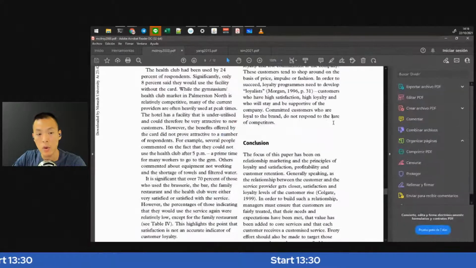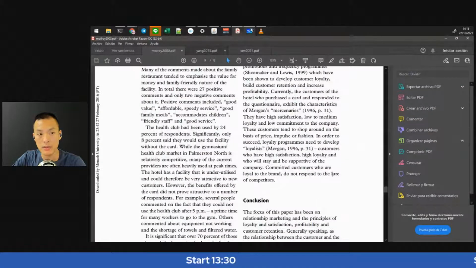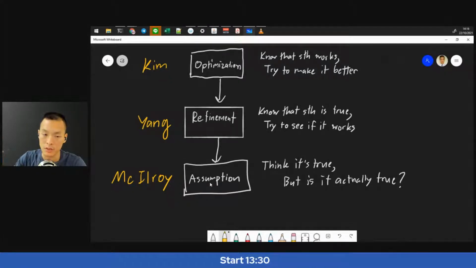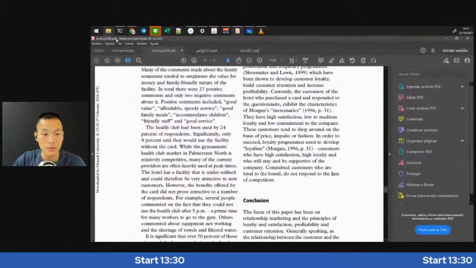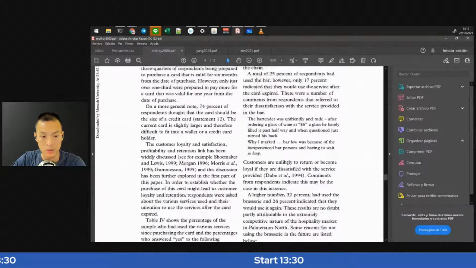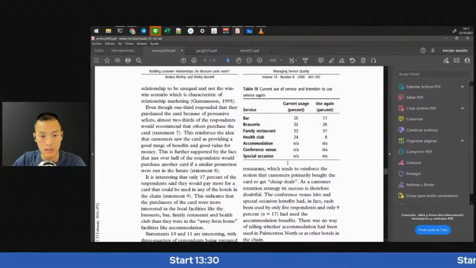Why? Because this paper is not at these top layers, right? It's attacking your assumption that discount always works. This paper just goes to show that discount doesn't work in the long run because the customer is not loyal, right?